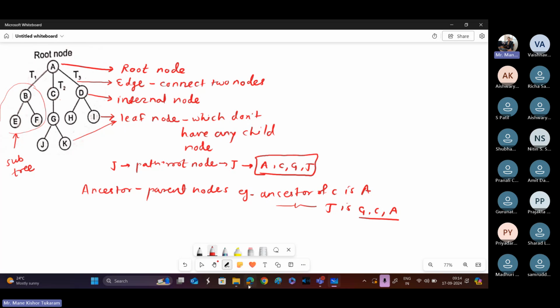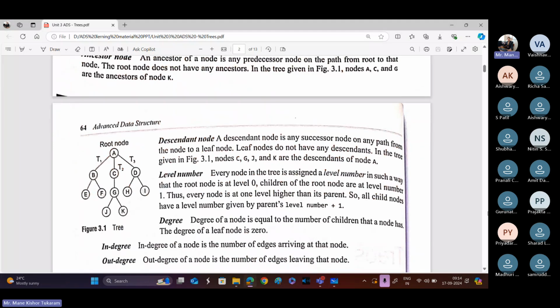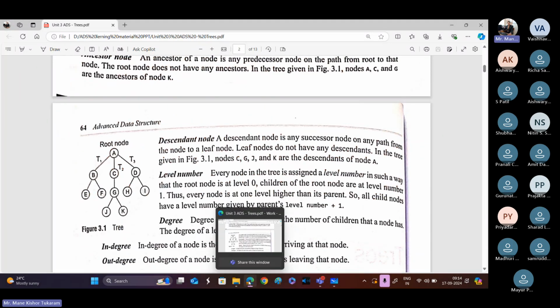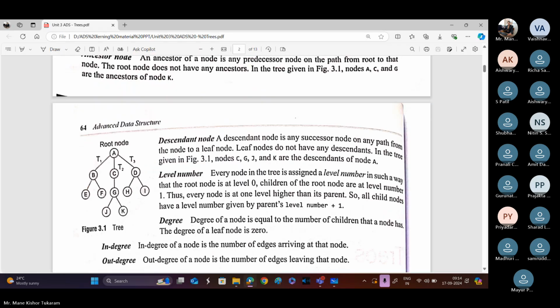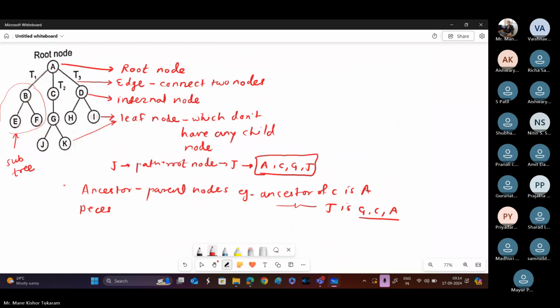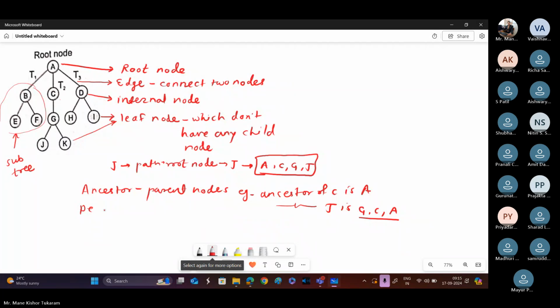Then descendant means what? Descendant nodes are the nodes which are the children of that particular node. Descendant means the child nodes.